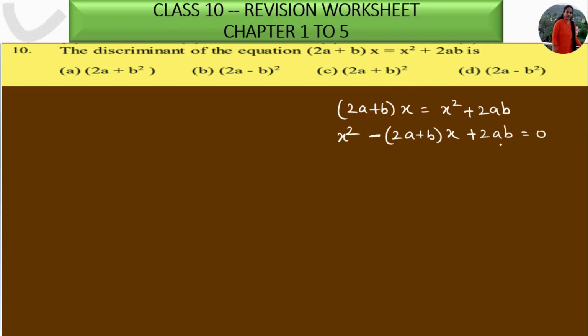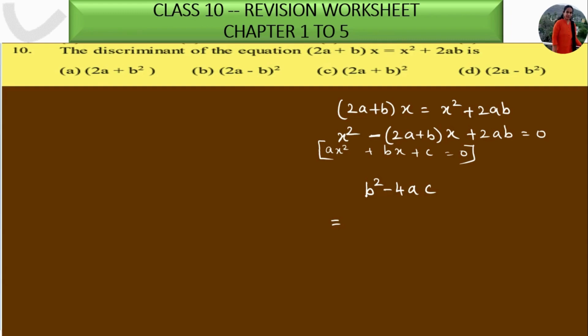So this is a proper quadratic equation. It is of the form ax square plus bx plus c equal to 0. If this form is a quadratic equation, then its discriminant is b square minus 4ac.